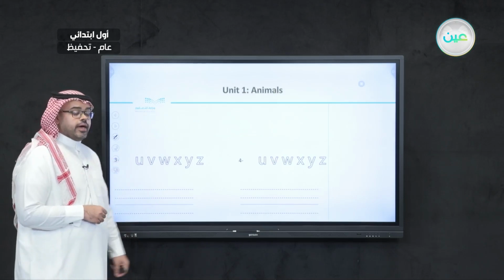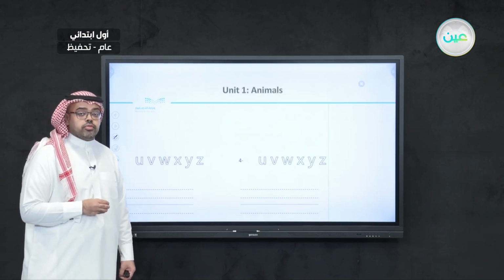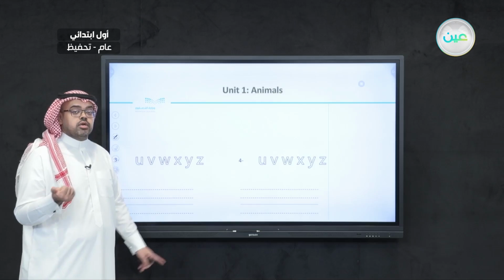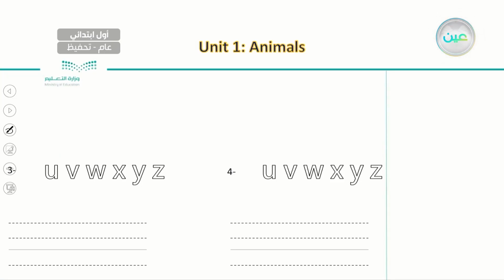Number 3. Now let's listen to the letter with number 3 so we can trace it and also write it. The letter in number 3 is W. So the letter W. Here we need to trace letter W like this.